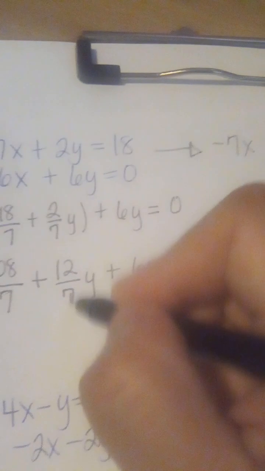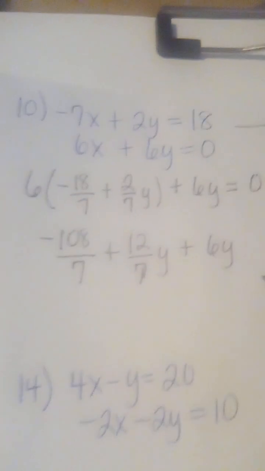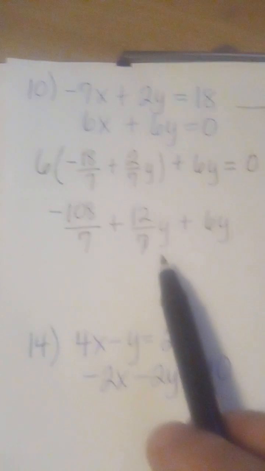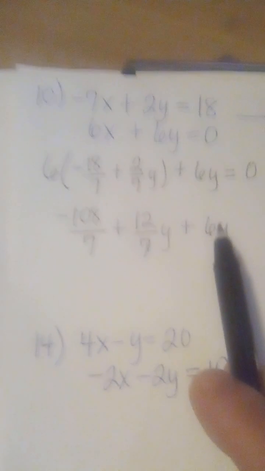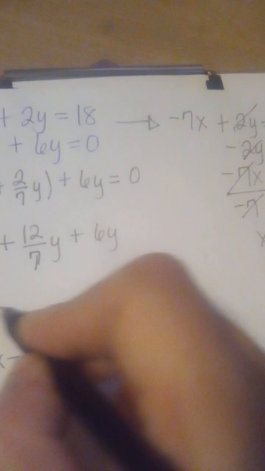Or here's another way to do this. This is a little bit longer, but I have another way we could do this. You see the common number 7? In order to put this over, the denominator is 7, right?